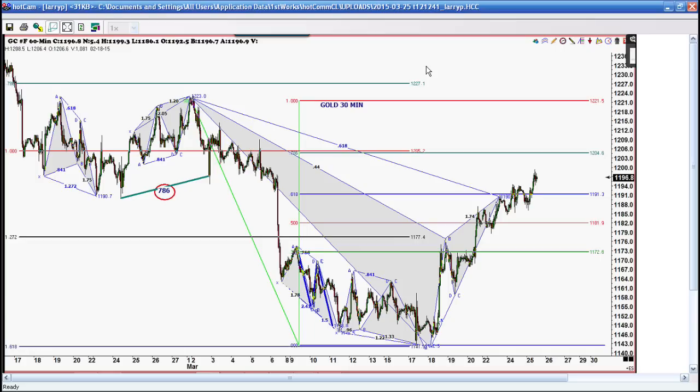Now, if we take a look at silver, silver has actually been leading the market over gold, because it hasn't backed off as much as gold did. I mean, silver hasn't even backed off at all. We did take out yesterday's high in silver, but silver has not made the 61% retracement.